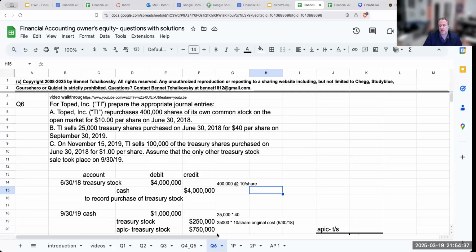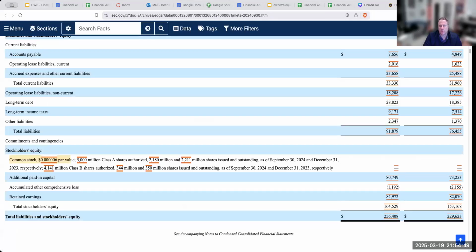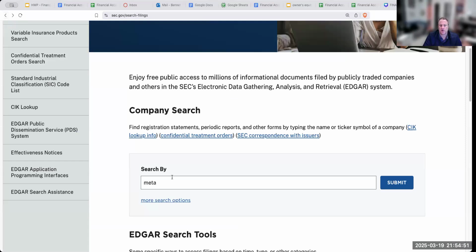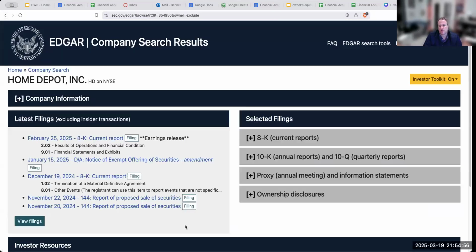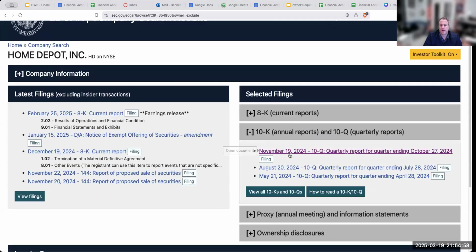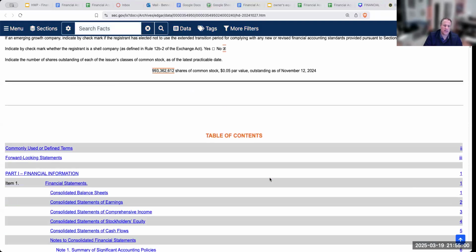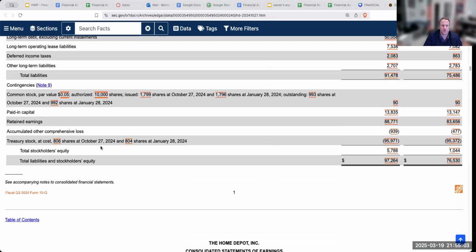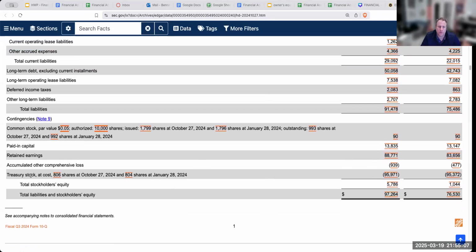The other part we're also going to be looking at is treasury stock, or a company that repurchases its own shares of stock. The one that I always use as an example is our friends at the Home Depot. When we look at the Home Depot's treasury stock, it shows up as a negative amount in stockholders' equity, meaning that we're buying our own stock back.